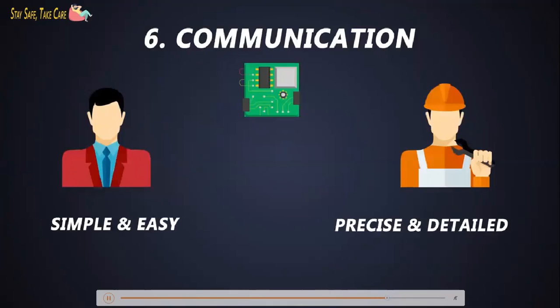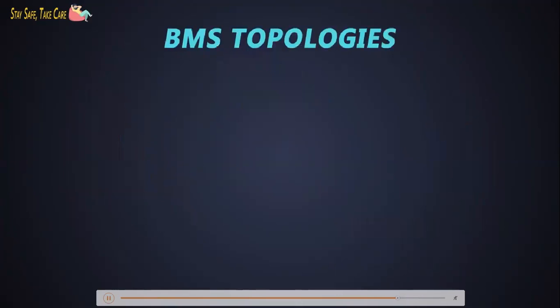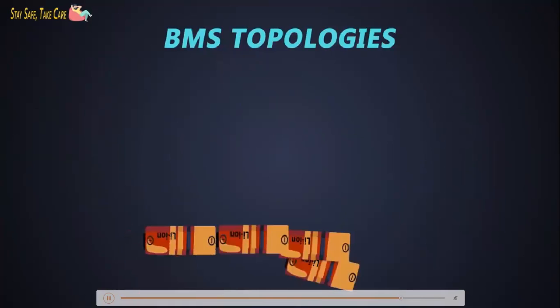On the other hand, the BMS technician or engineer is a highly technical person, and he should understand each and everything regarding the BMS and the safety of the battery.